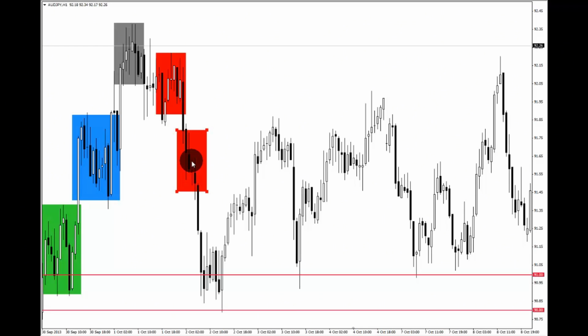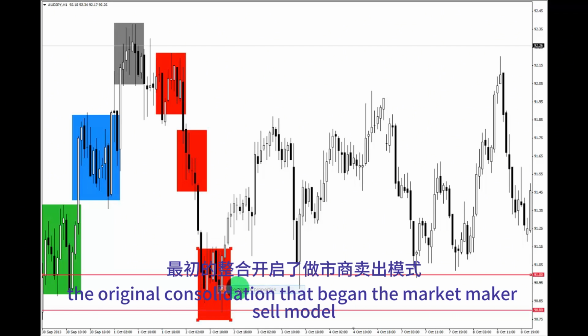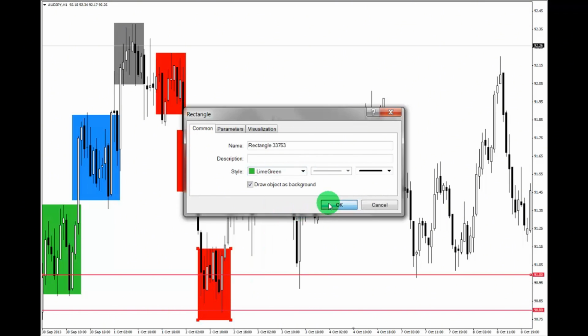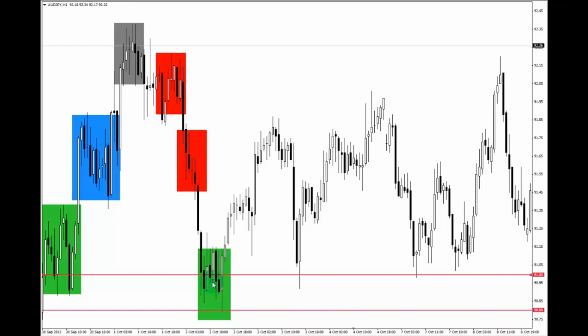Redistribution. Ultimately coming down to clear the original consolidation that began the market maker sell model right here.